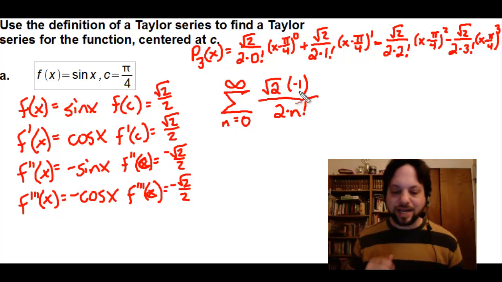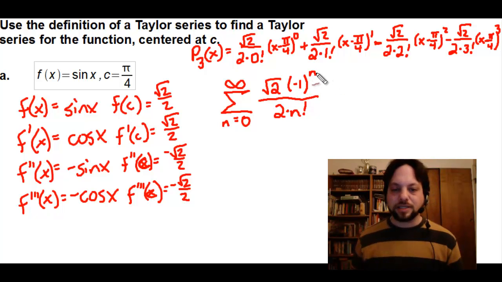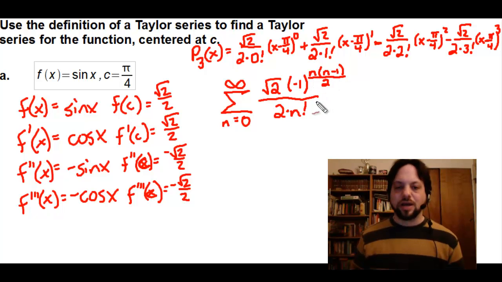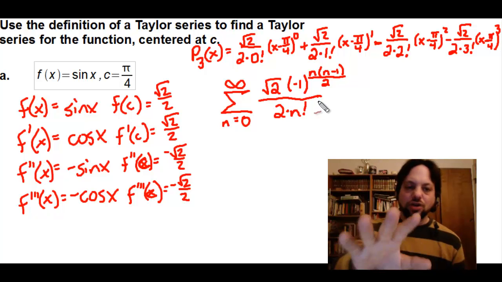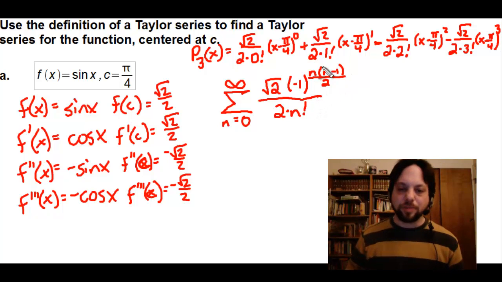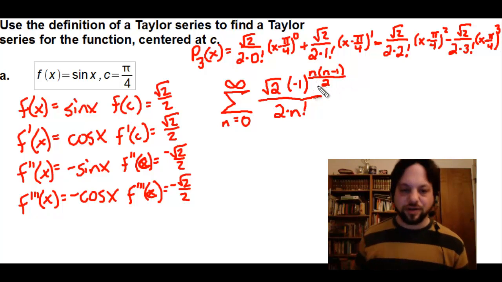I'm just going to go ahead and give this to you right here. I'll leave it to you to verify. But if I go n times the quantity n minus 1, and then divide that by 2, I think you'll see that instead of alternating, it double alternates. You can go ahead and verify that for yourself. But remember that it's negative 1 to the n times n minus 1, all over 2, if you need that.